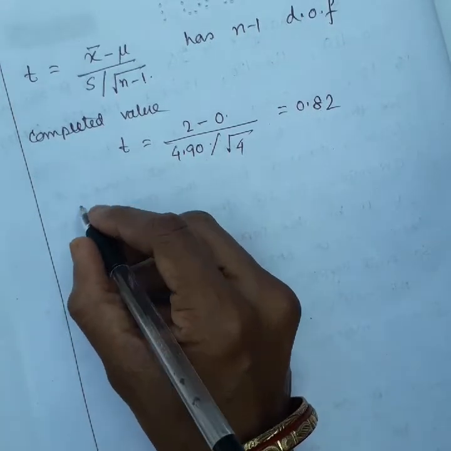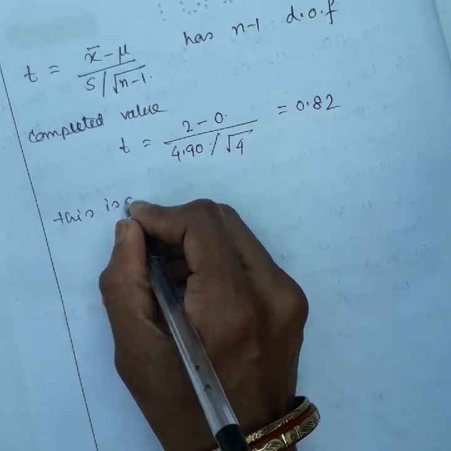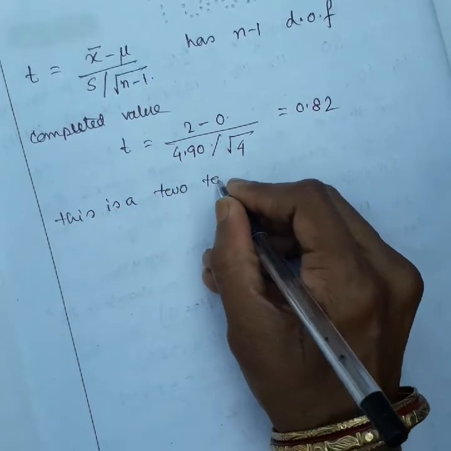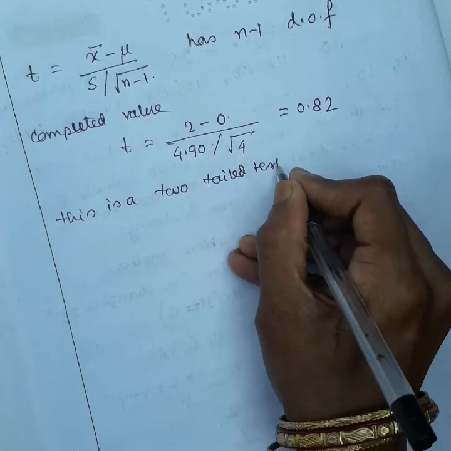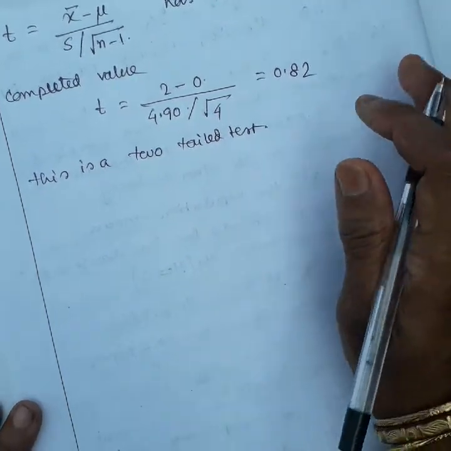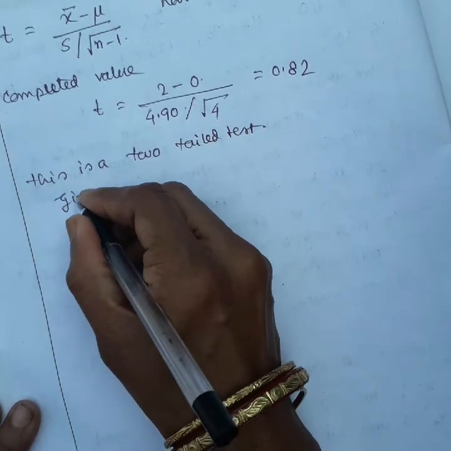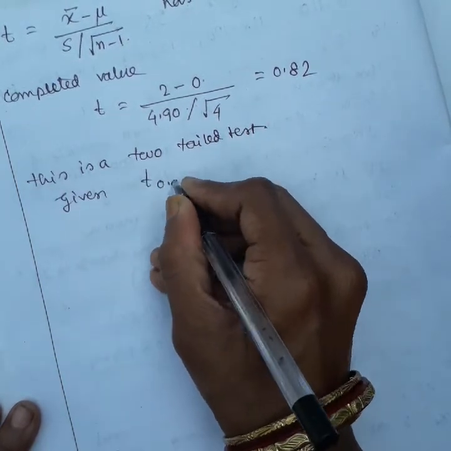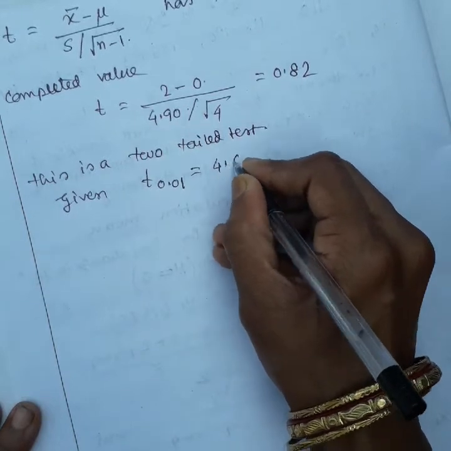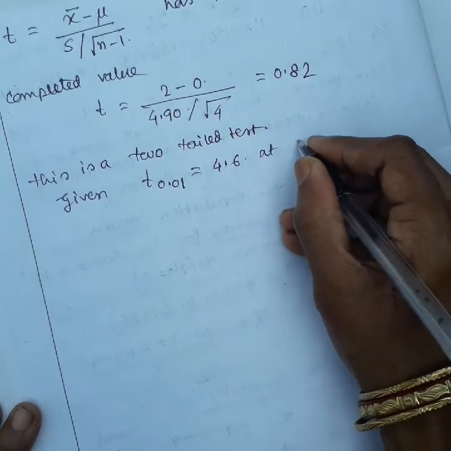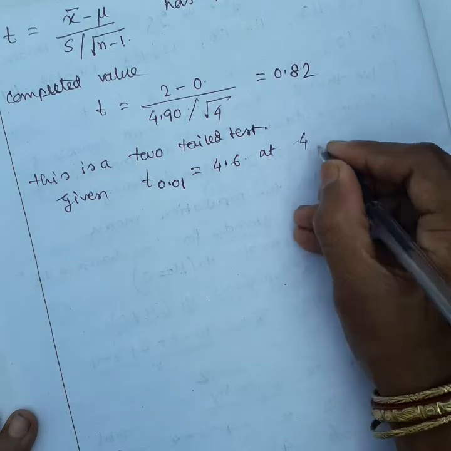Okay, and this is a two-tailed test. And it is given T of 0.01 is 4.6 at 4 degrees of freedom.